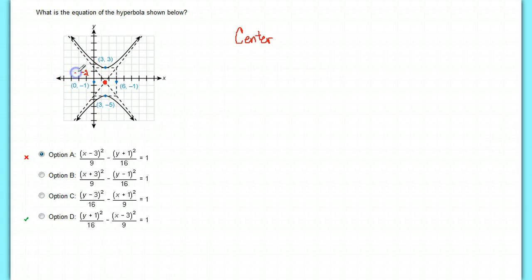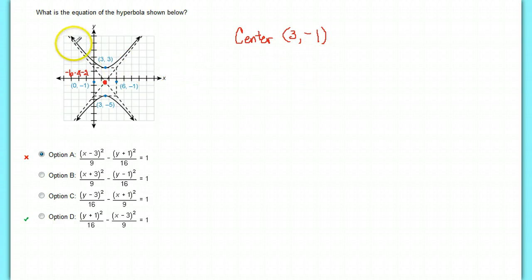So this is -2, -4, -6, and +2, +4, +6, 8, 10, 12, and so on. So this value right here, because it's over a 2 and then in the middle, is going to have an x value of 3. And then it's down, it's even with this point, so the y value would be -1. So that's my center point.